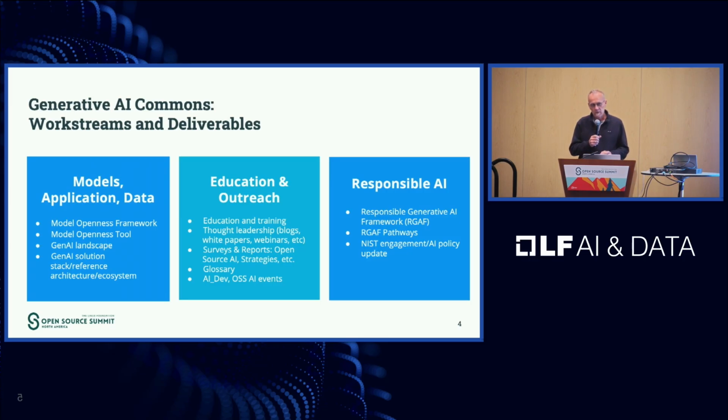And then we have a GenAI landscape effort. You may be familiar, this is pretty common in the LF landscape in general. Each organization has this landscape slide or website that you can go to that creates a picture of all the different relevant technology in their space. We are developing one specific for generative AI technologies.